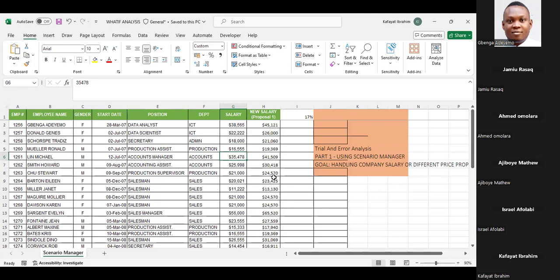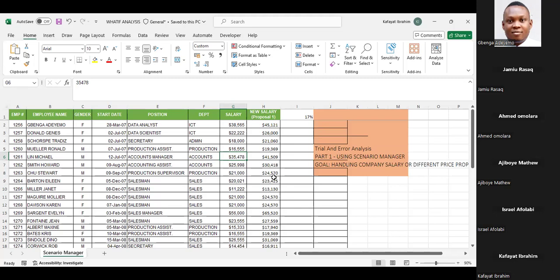You might be presenting different numbers, and you want to showcase different scenarios. For example, if it was 10%, this is how the result will look. If it was 5%, this is how the result will look. If it was 20%, this is how the result is going to look. So we are creating different scenarios based on different percentages. That is exactly what we are trying to do. It might not make sense now. Don't worry, let's just start.